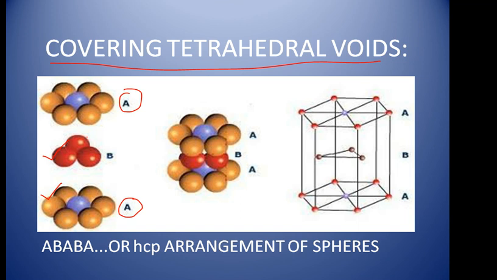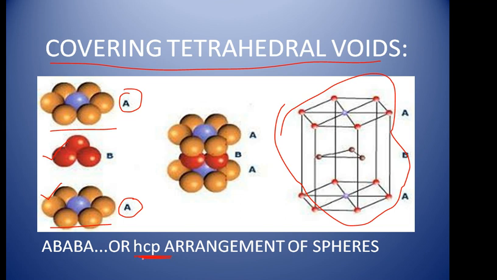If you want to cover the tetrahedral voids, then you have to stack the spheres exactly the same as the first layer, and you will get this kind of structure, which is known as hexagonal closed packed structure, HCP.